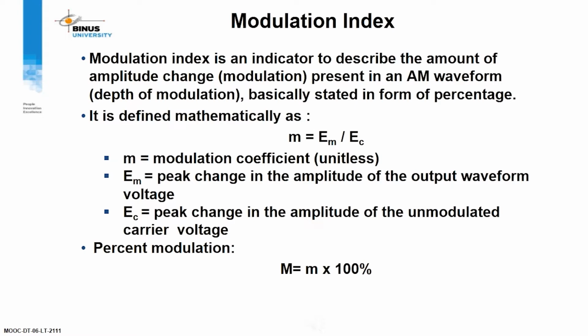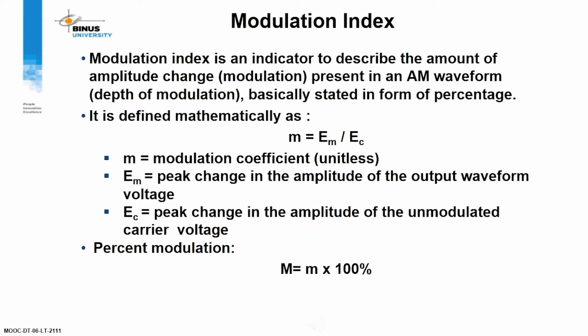Modulation index. Modulation index is an indicator to describe the amount of amplitude change present in an AM waveform, the depth of modulation, basically stated in the form of a percentage. It is defined mathematically as m equals Em divided by Ec, where m is the modulation coefficient, unitless.